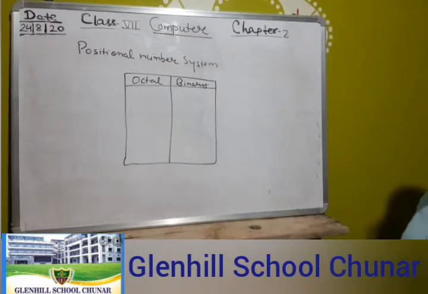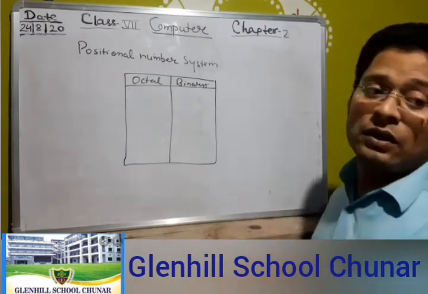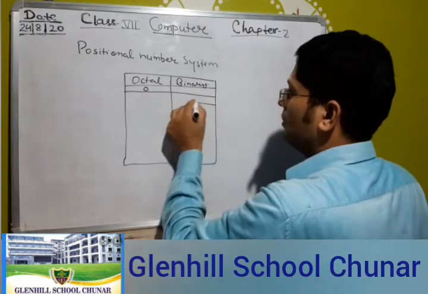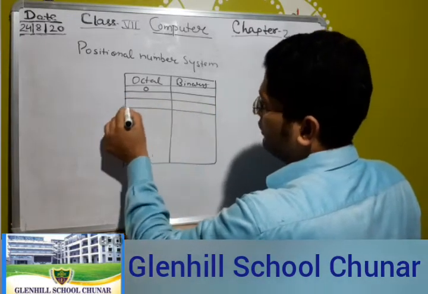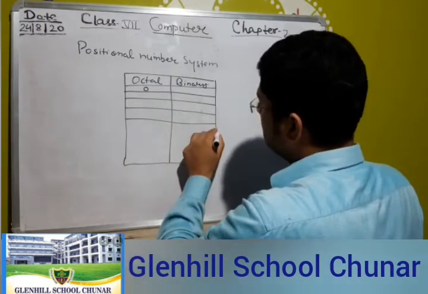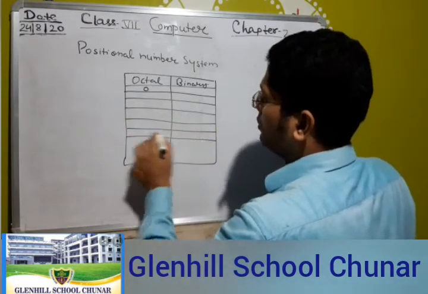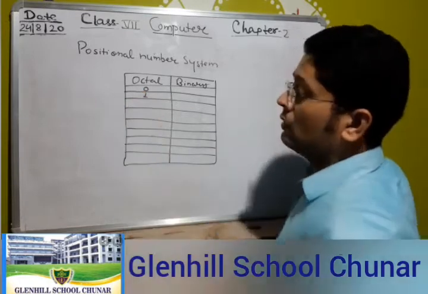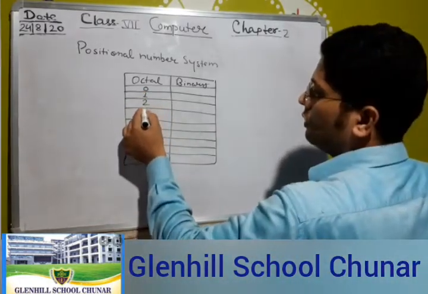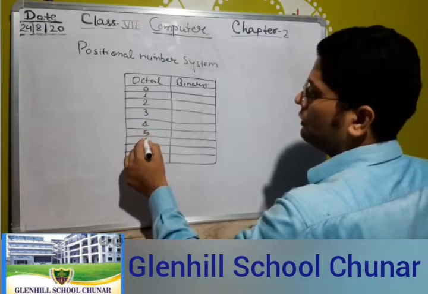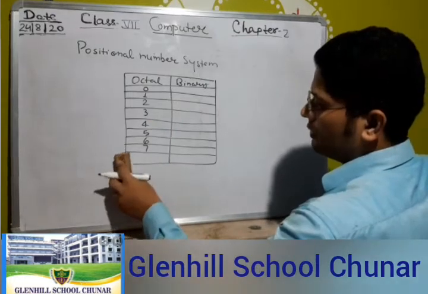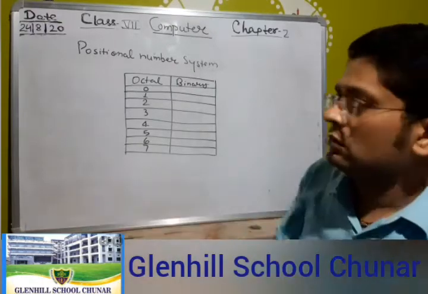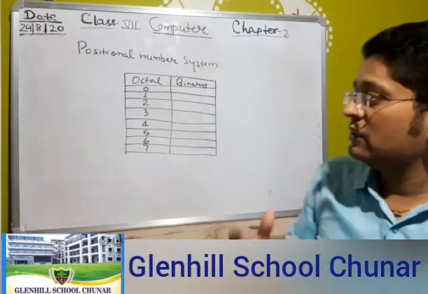How many octal digits are there? 0 to 7, so make a row of 8 entries: 0, 1, 2, 3, 4, 5, 6, 7, because octal has 8 digits from 0 to 7.